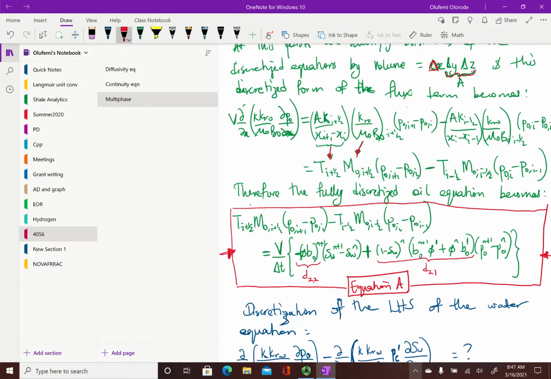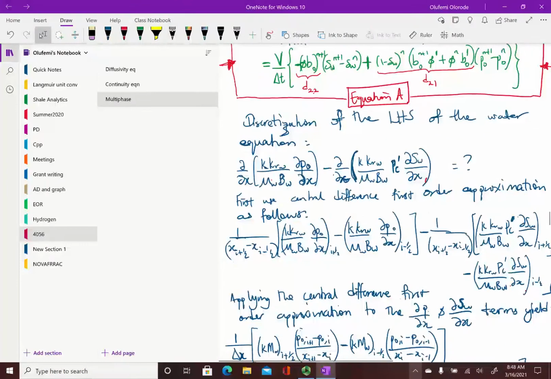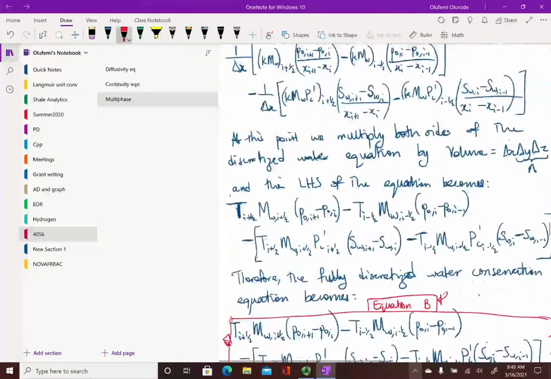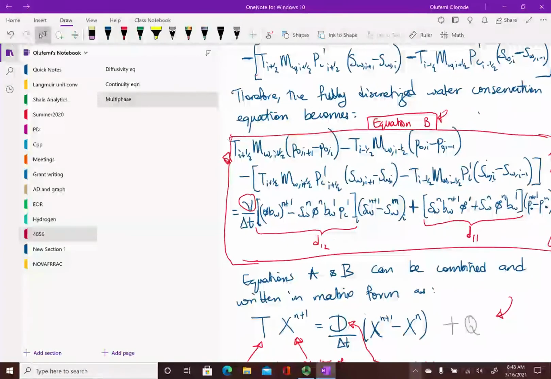The oil is in green, the water is in blue. So now we do the same thing for the left-hand side of the water equation. Similar process, central difference 2 times, and then multiply through by volume, and we get equation B for water.